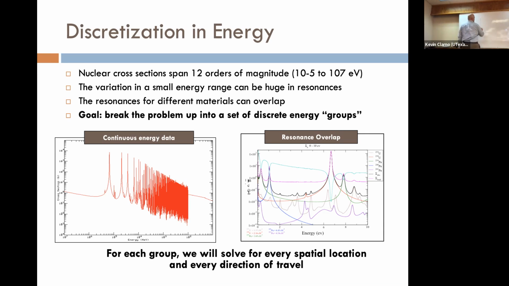And so the cross section, the sigma, and neutron energy in electron volts goes from 10 to the -5 all the way up to 10 to the 7th. And in general, you have kind of a range where it's kind of smooth, and then it gets to having a lot of spikes, these resonances. And then it'll get to a fast range where it gets kind of smooth again.